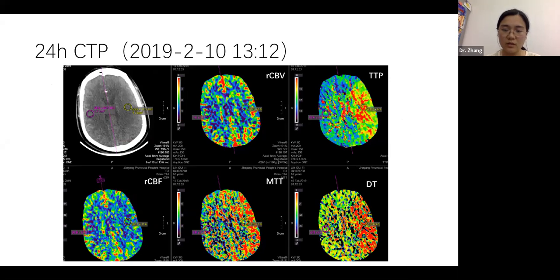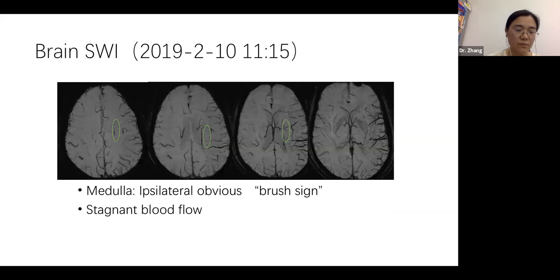That means the transition of contrast from the arteries to the veins became slowed. So there might be a problem of the metabolism of cerebral blood flow, especially at the brain tissue level.